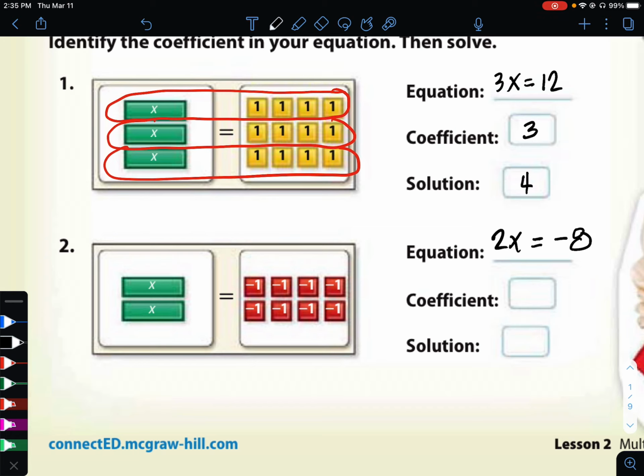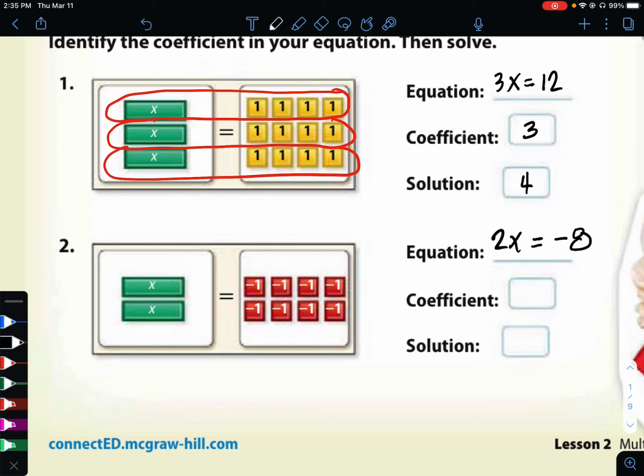We want to find the value of x again, so that means we need to find the value of each x in our equation. If we divide that evenly, we know that each x has a value of -4. And we also know here that the coefficient is equal to 2.